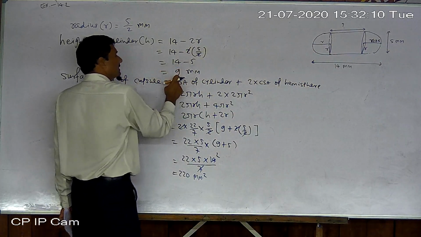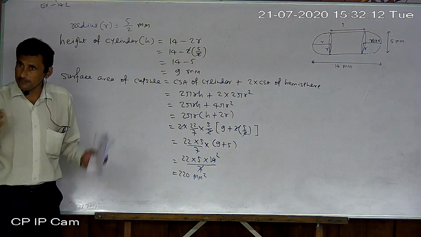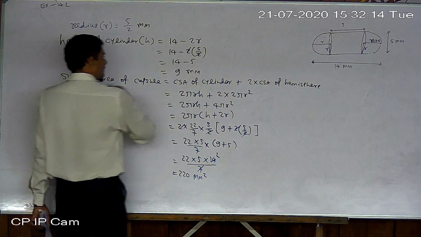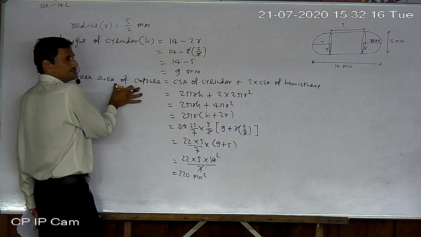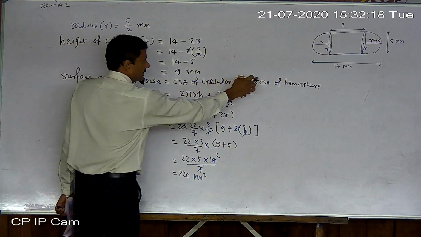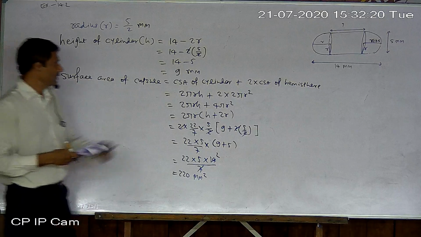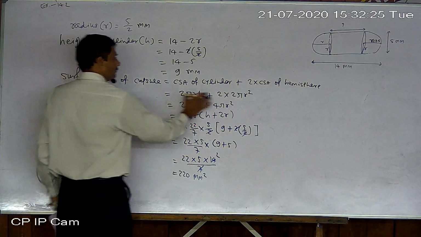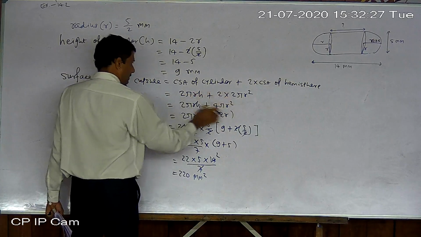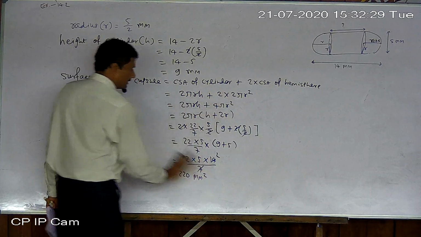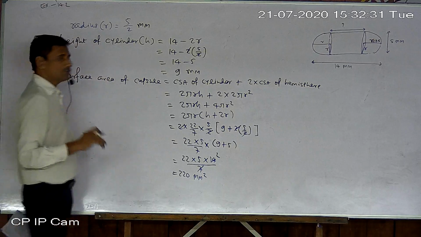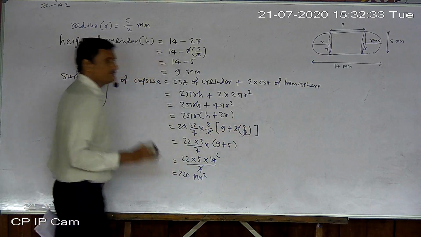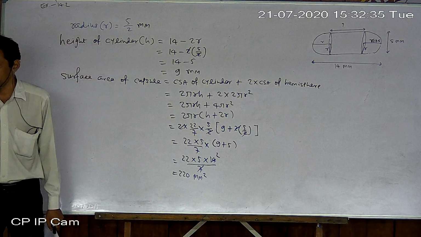Whatever is left is nothing but the length of the cylinder. Now after getting it, that is our main step: CSA of cylinder plus 2 times CSA of hemisphere. Never use the TSA formula in these types of combined solids. Now all the formulas are placed, taken common, then values. As I told, we always prefer fractions only, not decimals.